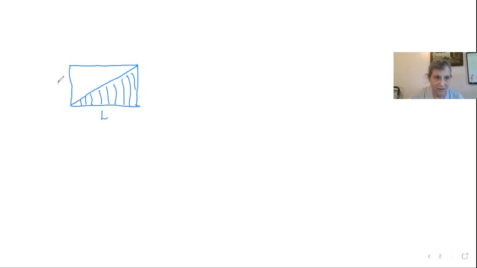So if this is length and width, and the area of the rectangle is length times width, then the area of the triangle is half of that. So 1/2 the length times the width.